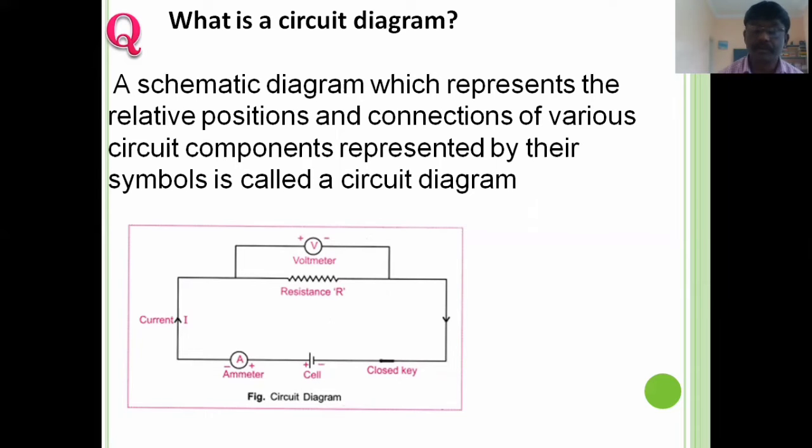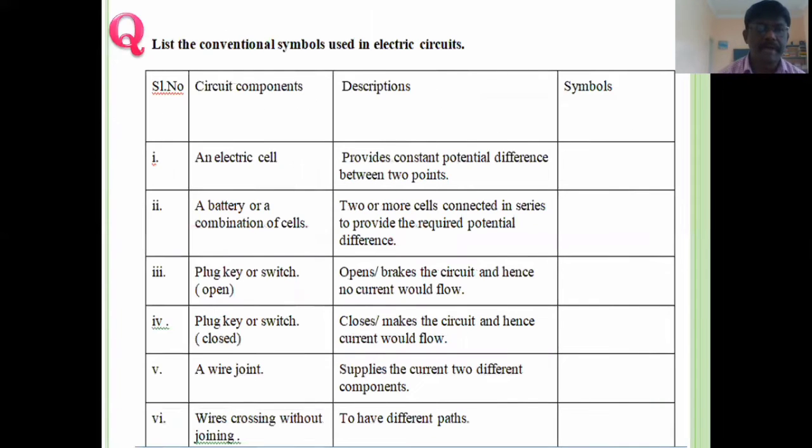Here I have listed out some conventional symbols used in electric circuits. The components are like this: electric cell, a battery, plug key open, plug key or switch closed, a wire joint, wires crossing without joining.